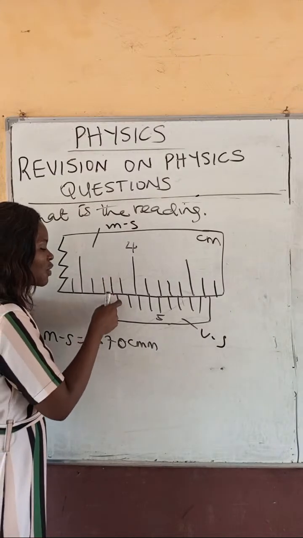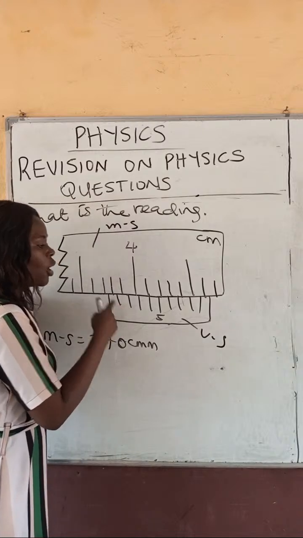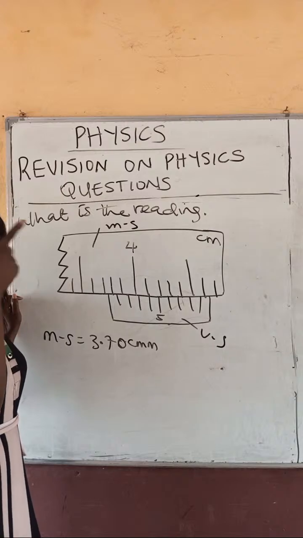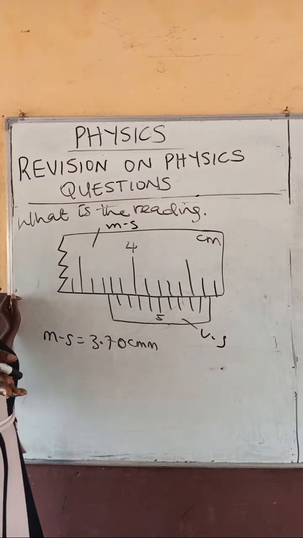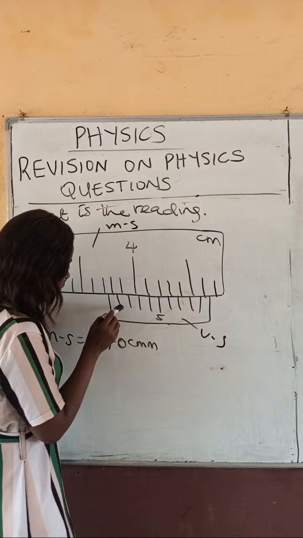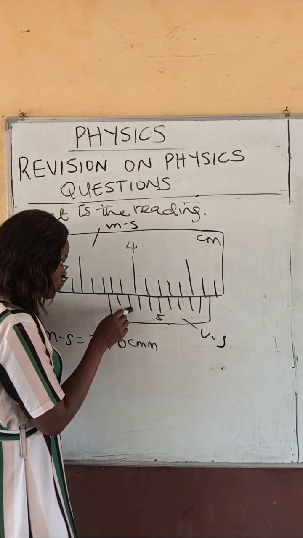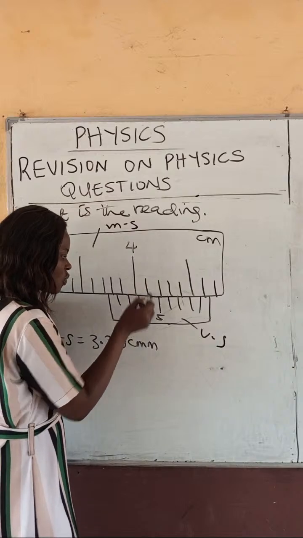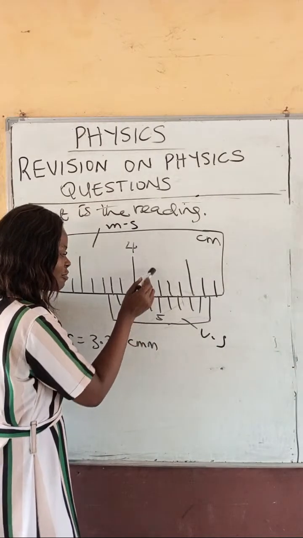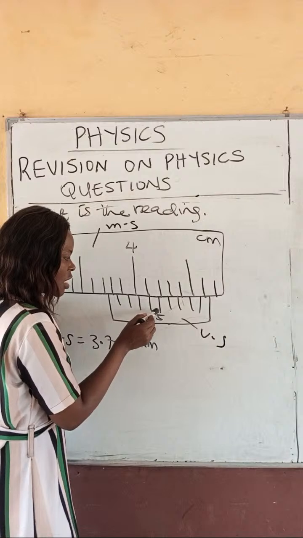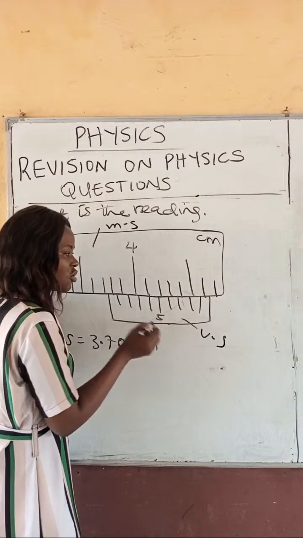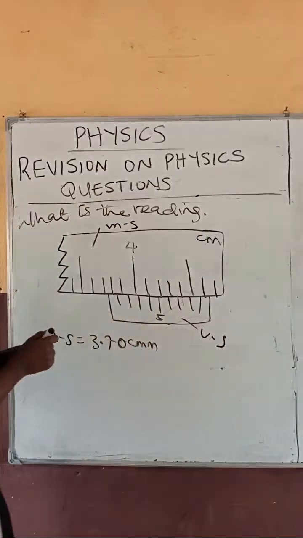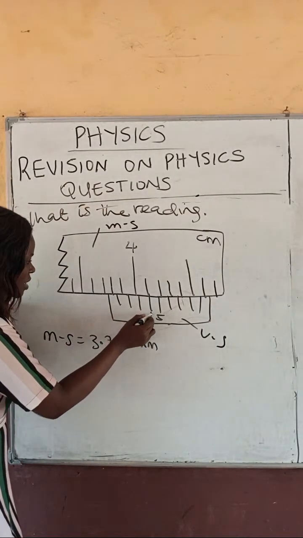So you start reading with this first line until you see a line connecting the Vernier scale and main scale. That becomes the reading of the Vernier scale. So I go 1, 2, 3, 4. This fourth one is a straight line connecting the main scale and Vernier scale. No other one lines up apart from this, and this is 4, so I take it as my reading.